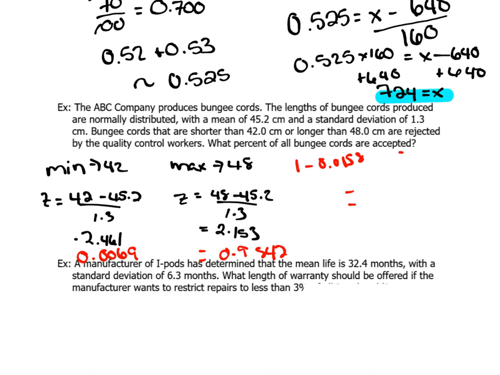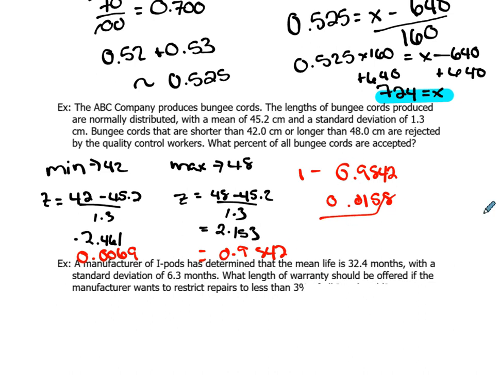And if I want to figure out the amount to the right of that, I'm going to subtract 0.9842 from 1 and I'm going to get the 0.0158 that I was talking about before. So if you didn't know where that came from, that's why.